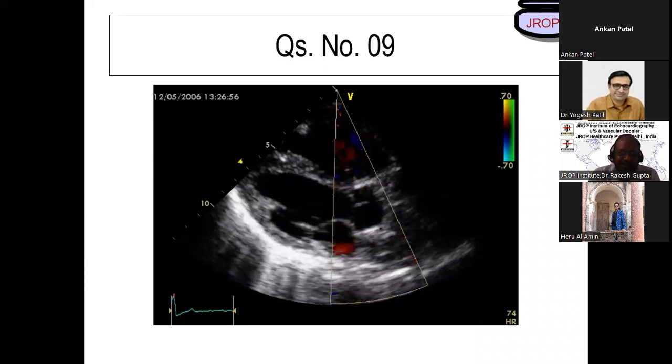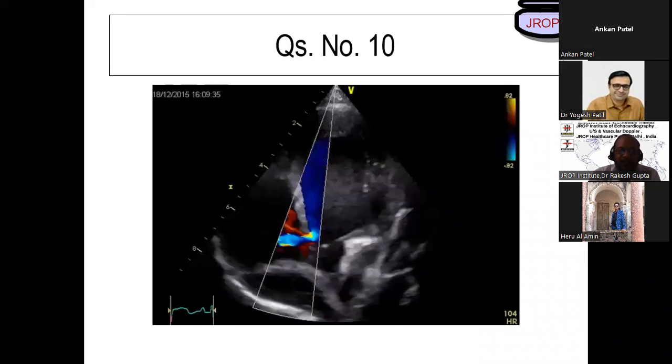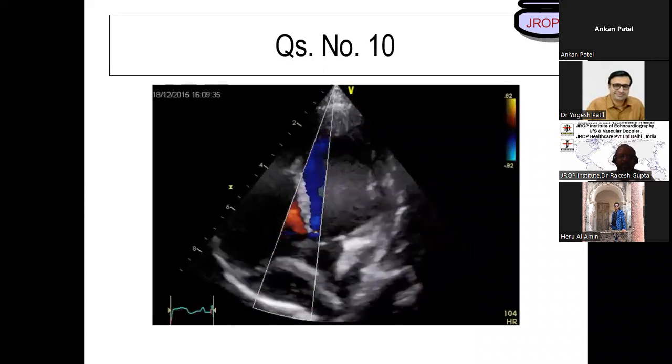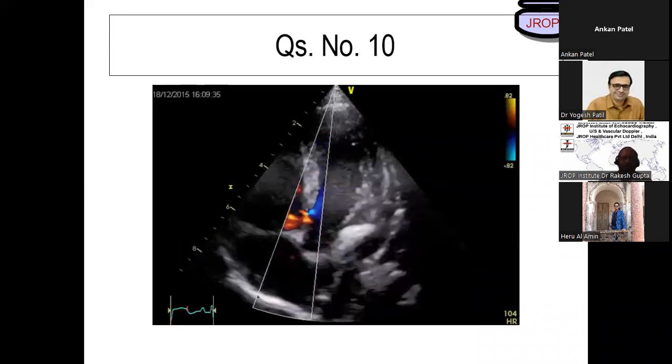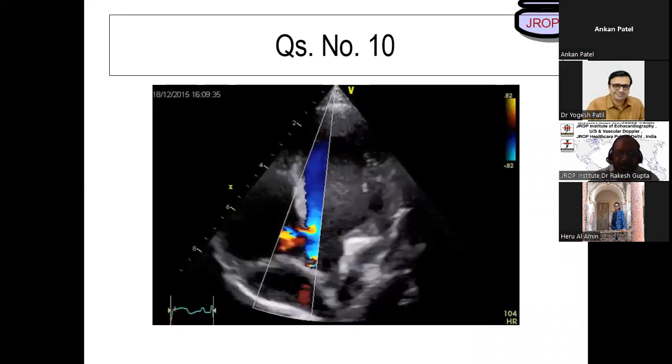So, Hiru, this question is for you now. Tell me one single answer. Don't tell me 10 answers. Very simple. You are lucky to get a very simple slide.